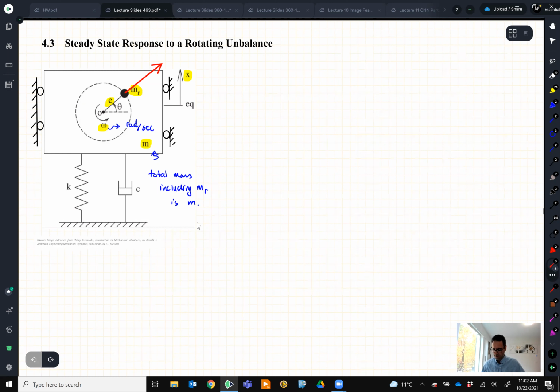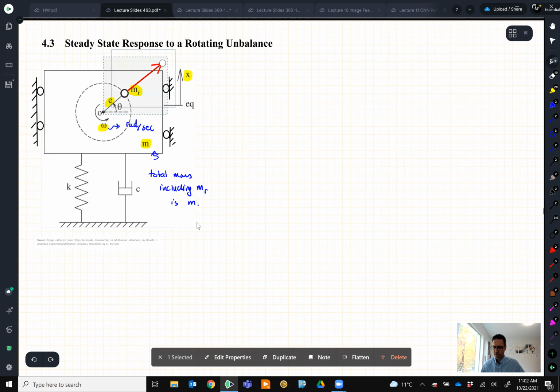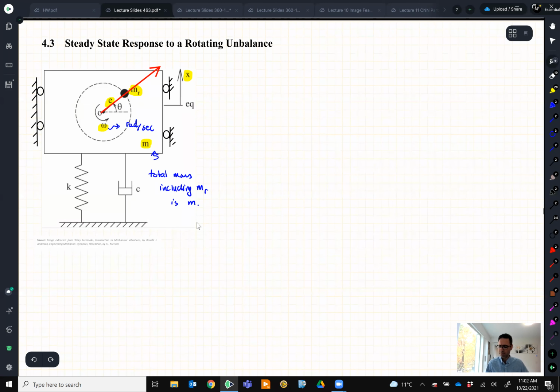This centrifugal force, I can slide down to the center because it applies to the center. We know how to calculate it. It is MR, the unbalanced or rotating mass, that's why it's called MR, E omega squared.